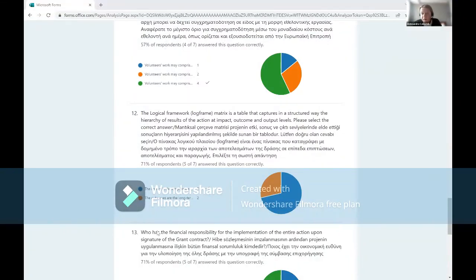Logical framework, outputs, outcomes, results, impacts. I see that this confuses you a little bit as well. So just think of the hierarchy of goals, and there is an overall objective, which is nowadays called impact. This is an overall goal that your project contributes to.